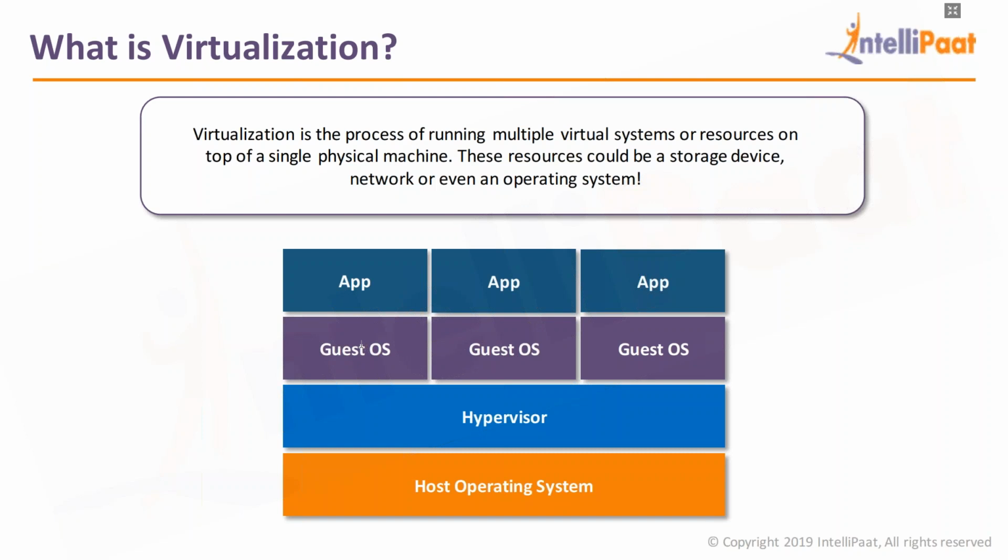The guest operating system has access to the network and the storage devices of the host operating system, that means the base operating system. These are the two essential things always required: the storage device and the network.